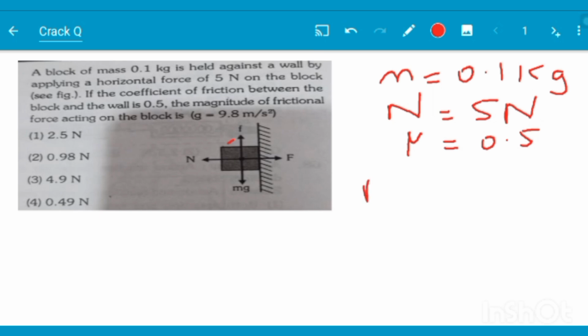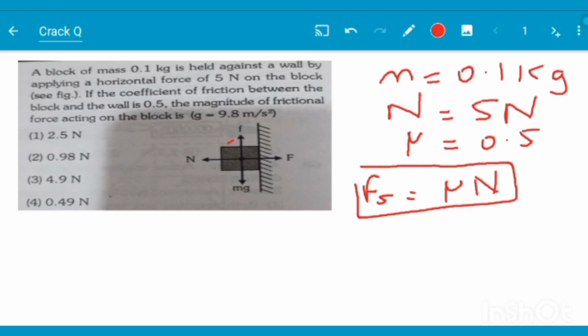We know the formula that fs, the static frictional force, is equal to mu n.